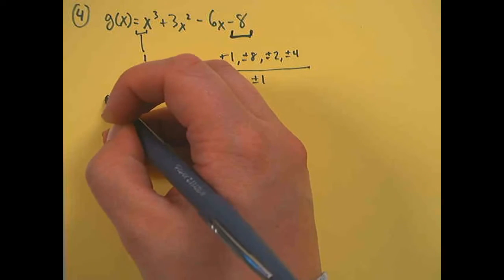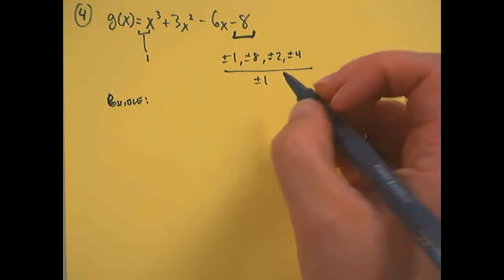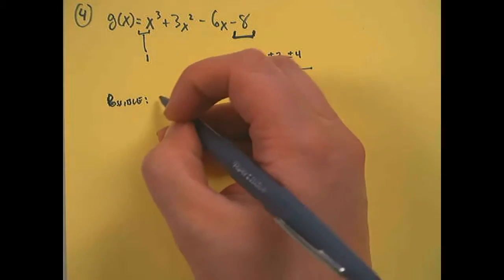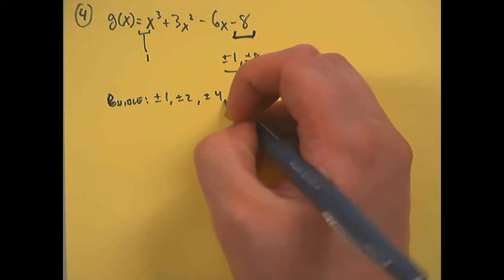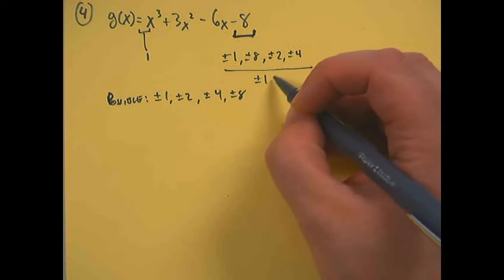So my possible zeros in this case are going to be plus or minus 1, plus or minus 8, plus or minus 2, and plus or minus 4. So those are all my possibilities for zeros.